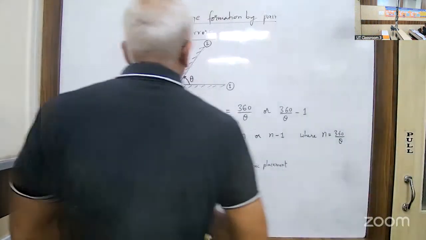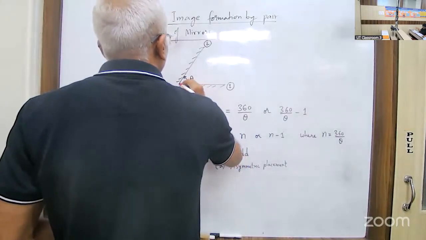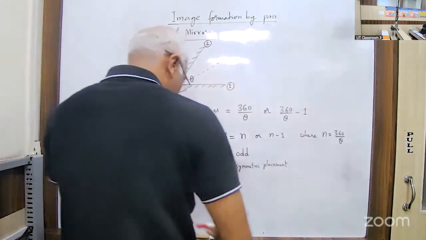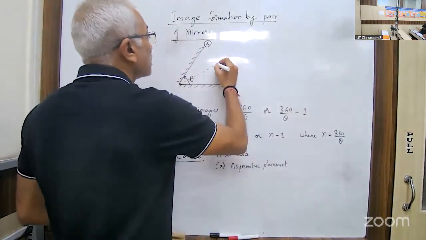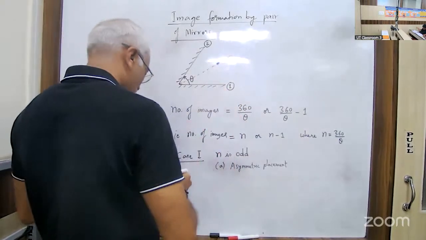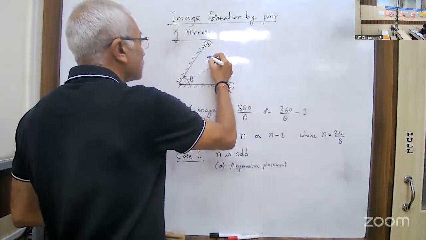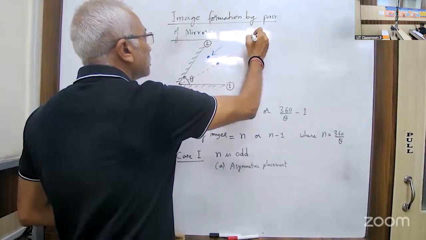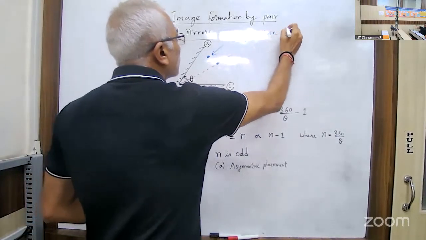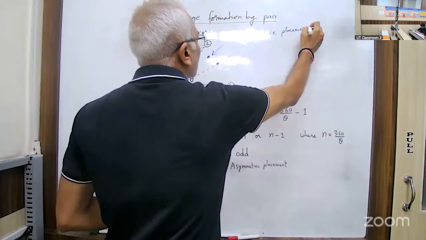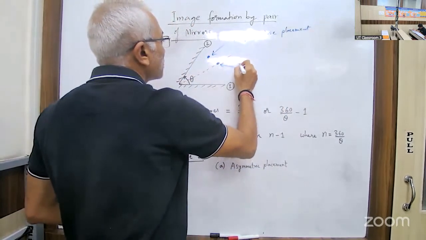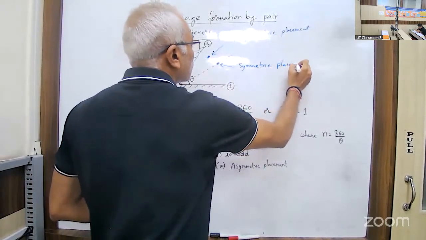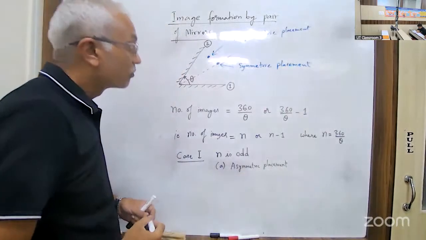If you take the angle bisector, if your object is on the angle bisector, or you can place the object somewhere else. So this is called asymmetric placement. And this is called symmetric placement. ठीक है.